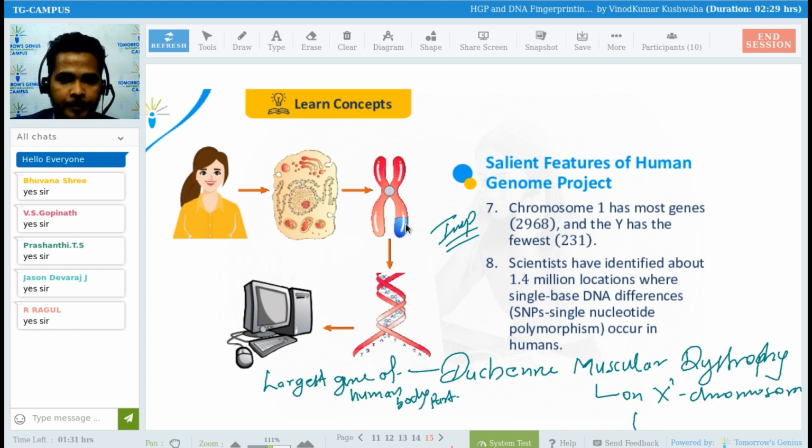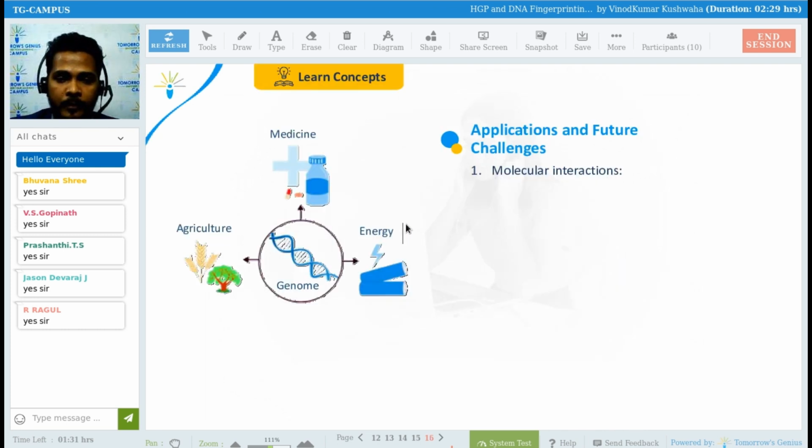Let's start with the methodology. That means, while constructing the Human Genome Project, what kind of methodology they followed, that we are going to learn here.